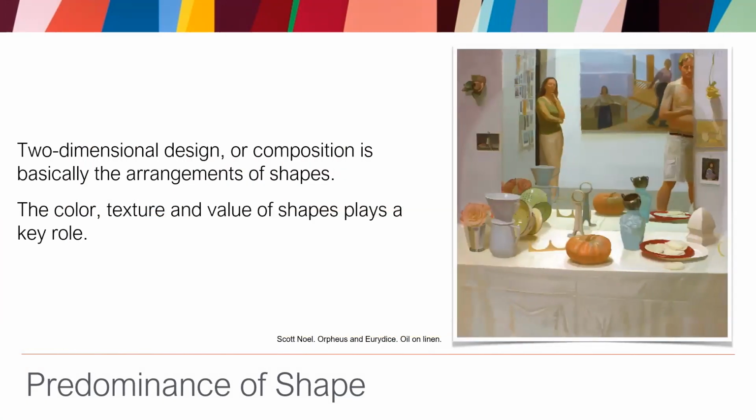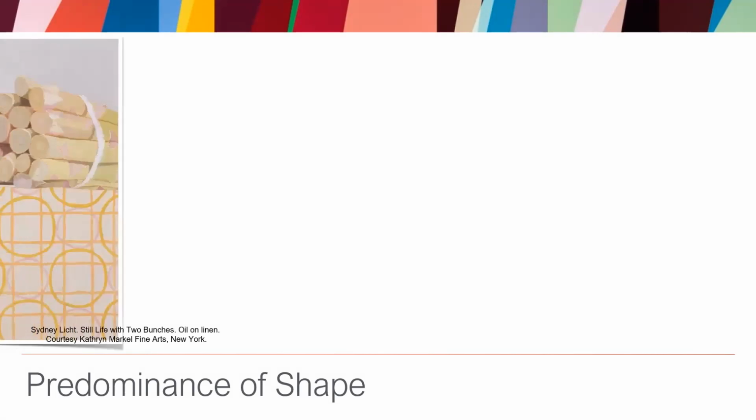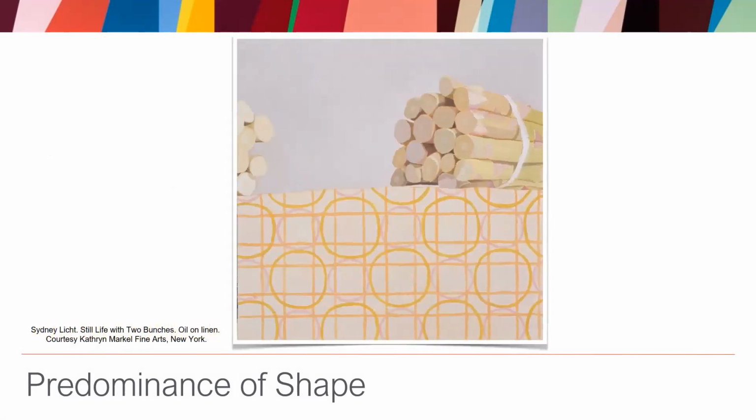So there's the two-dimensional design that shows the space between the objects, color, and the texture. But with this, the shapes also can help us see the three-dimensional part of shapes.